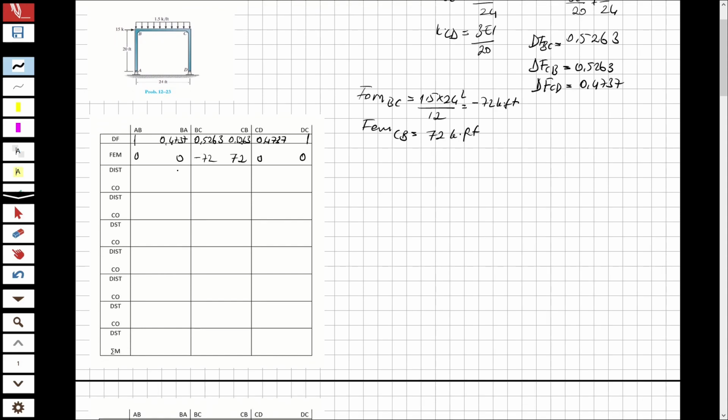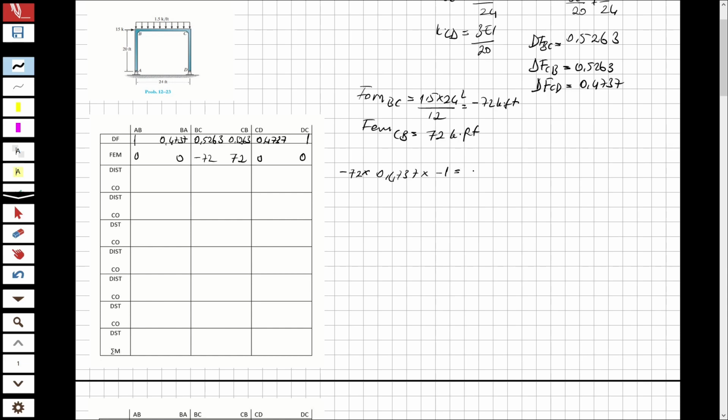Let's try to distribute them. How am I going to distribute? I guess you remember. For BA, minus 72 times its own distribution factor, 0.4737, times minus 1.